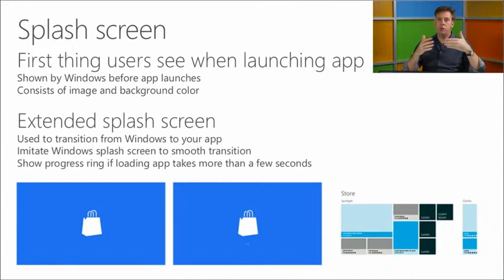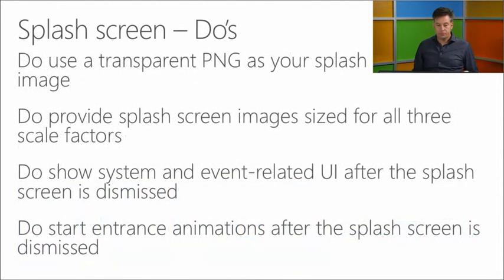But if you want to have some extra work being done, loading information, for instance, you can provide an extended splash screen. And it's a very good way to mimic the start screen and then add some extra components. So it really starts getting alive and showing the user we're still doing something, and now we can go to the app. For instance, show a progress ring if it takes longer.